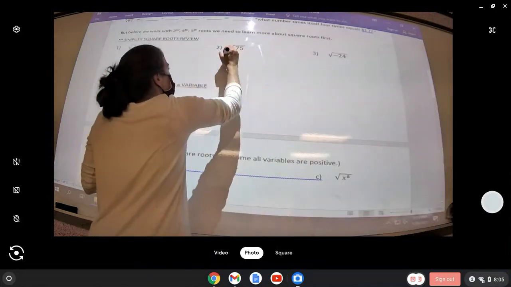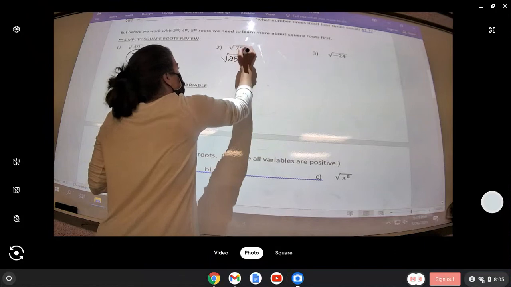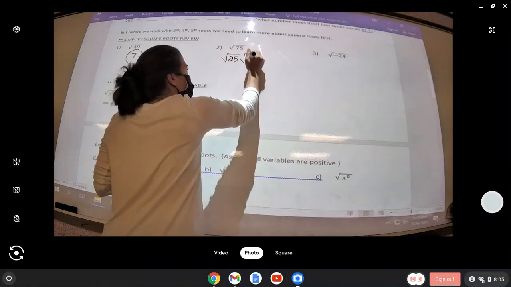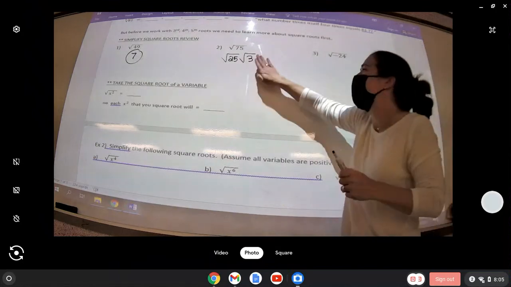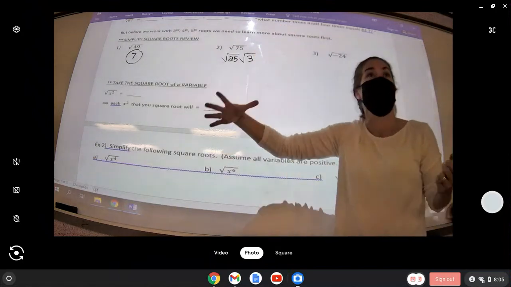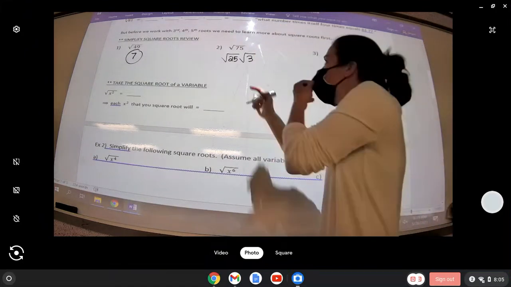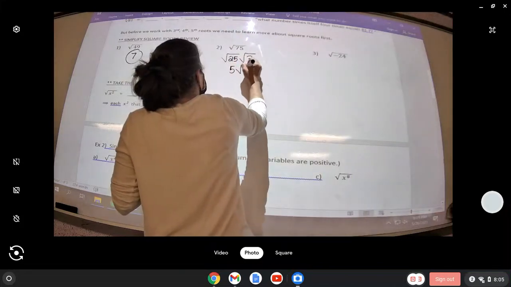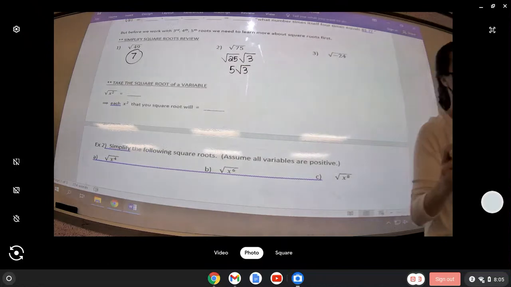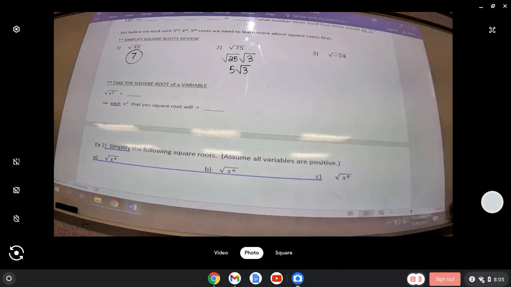So we would break it up into the square root of 25 times the square root of 3, right? So if it's not a perfect square, you always have that leftover number still stuck under the radical. So remember that. That's normal. All right, and then the square root of 25 is 5, and then the square root of 3 stays, because it's not a perfect square, and it can't be simplified anymore.